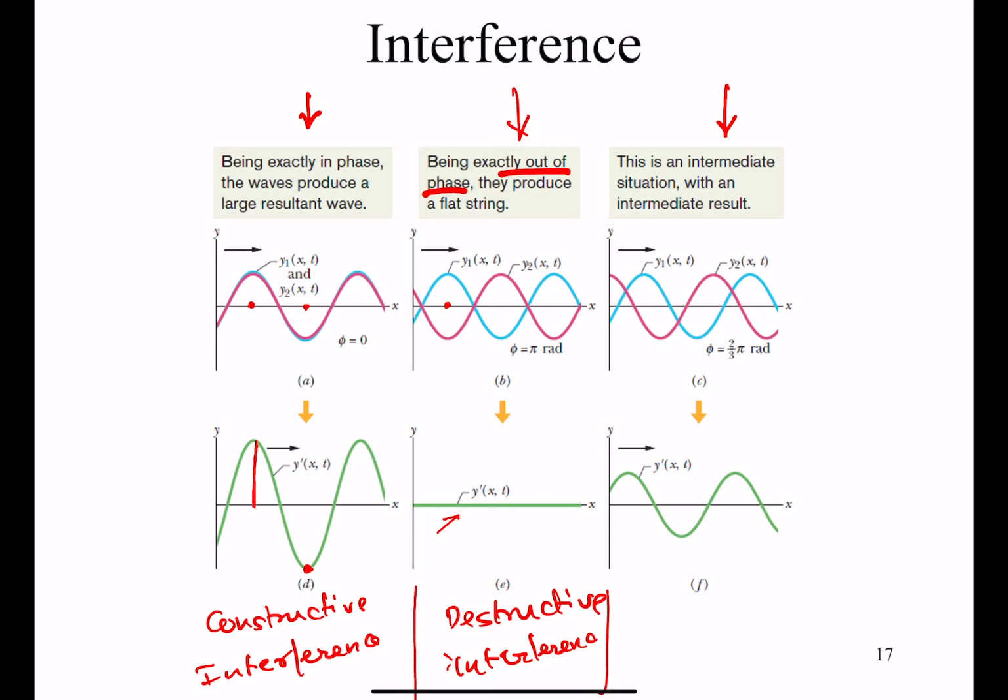And in the places where the waves cancel each other out, you would get a smaller displacement, not necessarily zero, because they might not exactly cancel each other out. So you get a wave like this, which is basically an intermediate result. So you have neither perfect reinforcement nor perfect cancellation. And so this is the more common situation.